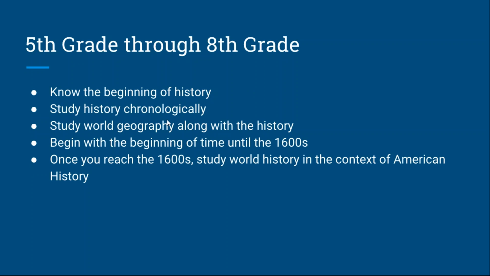And again, follow the presidency, teach George Washington's presidency, and teach what was going on in the world during the era of his presidency, and teach world history within the context of American history.